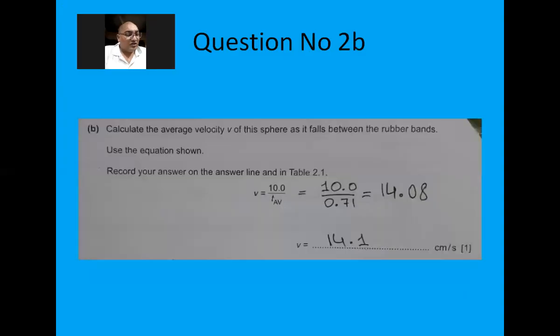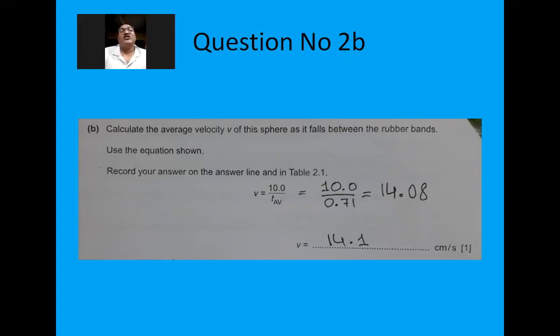Okay, so the next question coming up on your screen says, calculate the average velocity v of this sphere as it falls between the rubber bands. Use the equation shown, record your answer on the answer line and in the table 2.1. Here the velocity formula is already given. You don't have to memorize it.